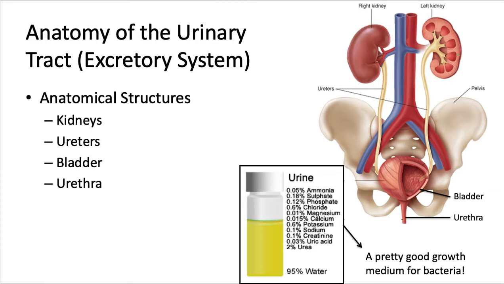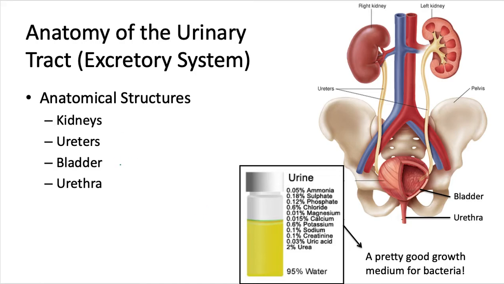These are the organs where our urine is formed by filtering out the blood that passes through the kidneys every day. So urine is formed in the kidneys, urine moves down the ureters to the bladder, and then it exits the body out the urethra. So a bladder infection will be much less serious than an ascending infection, which will reach the kidneys.